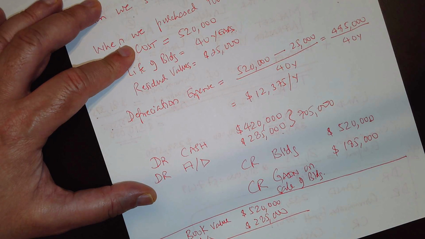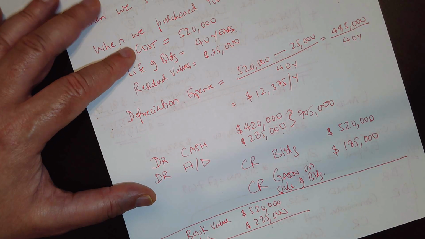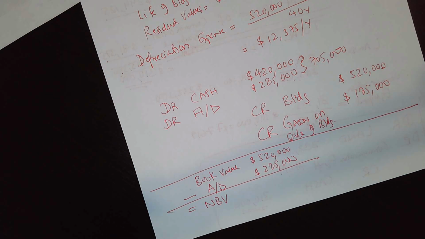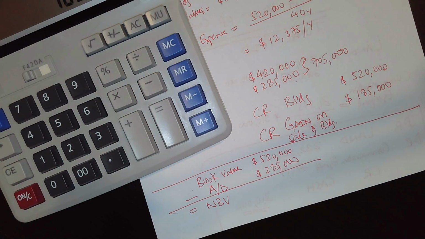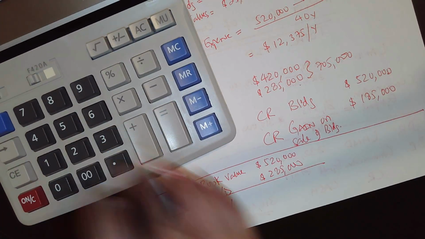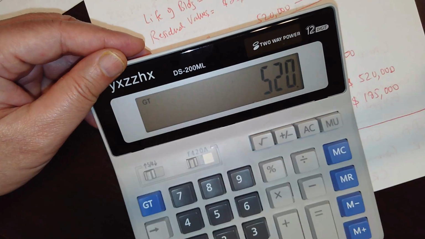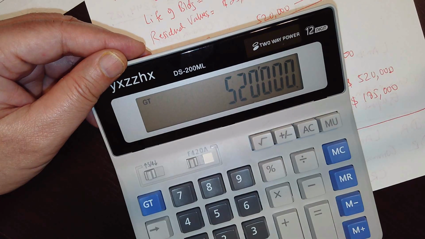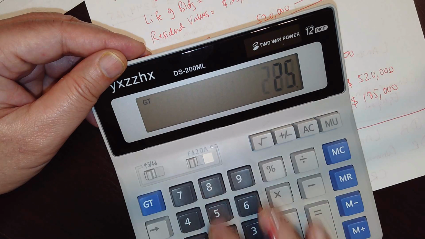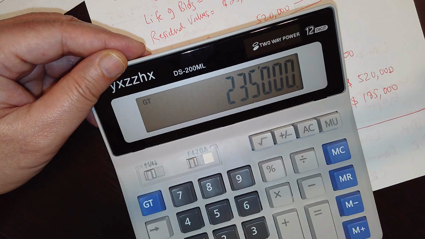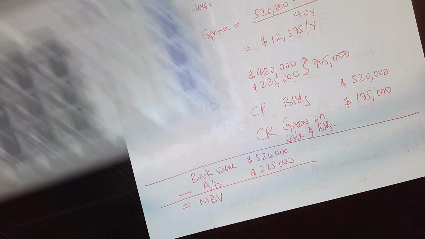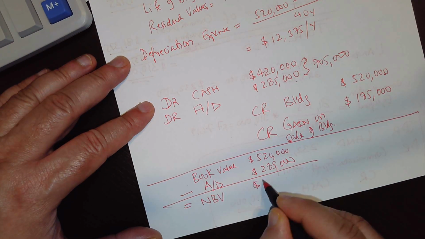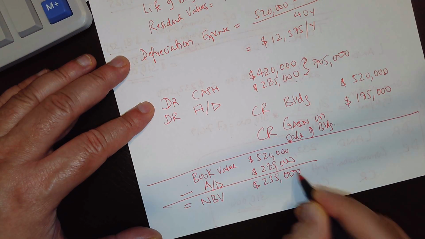That gives you net book value. So the net book value is equal to 520,000 minus 285,000. That gives you 235,000. So your net book value is 235,000.